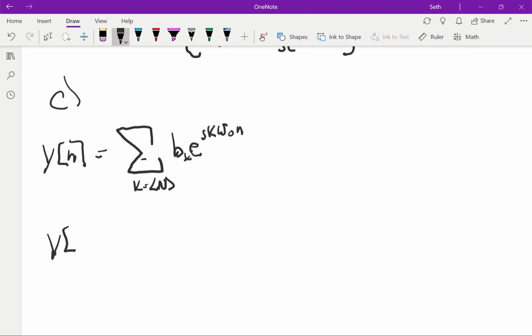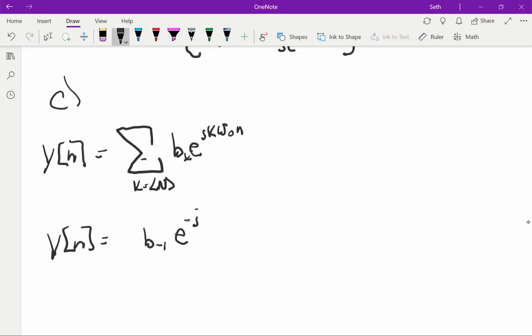y of n equals b minus 1 times e to the minus j, this is the k equals minus 1 term.